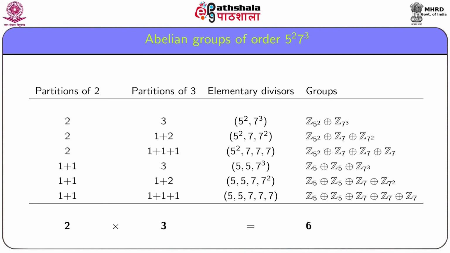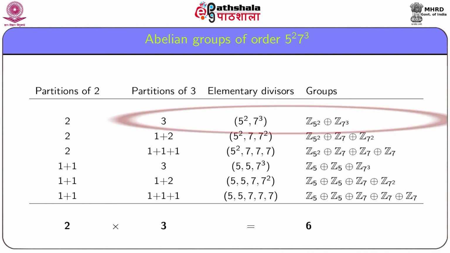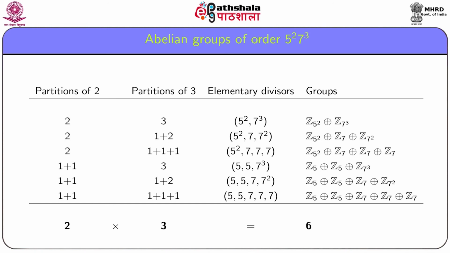The first group corresponds to the partition 2 of 2 and 3 of 3. In this case, the elementary divisors are 5 square and 7 cube, and so the group will be Z5 square direct sum Z7 cube. Corresponding to the partition 2 of 2 and 1 plus 2 of 3, we have elementary divisors 5 square, 7, 7 square, and the group is Z5 square plus Z7 plus Z7 square, and similarly for others.